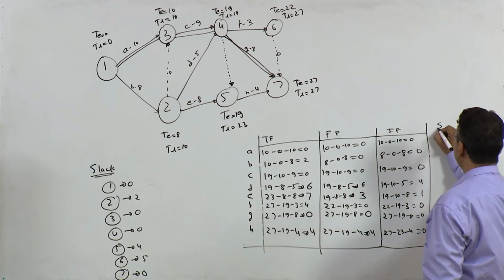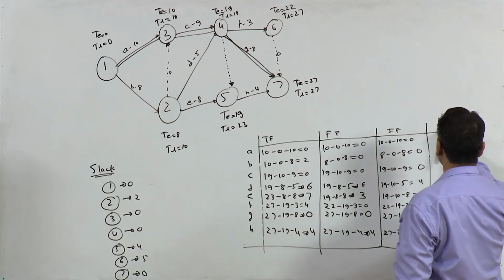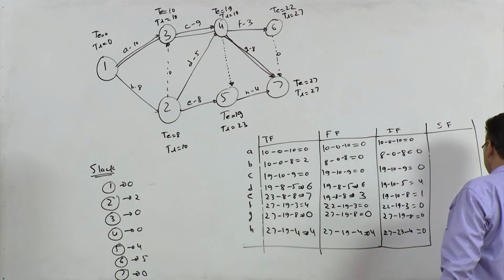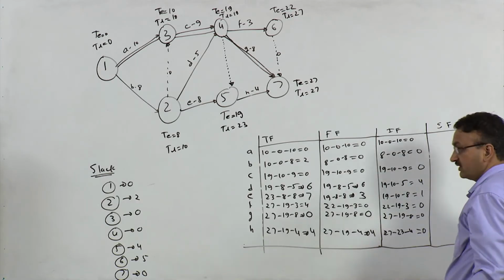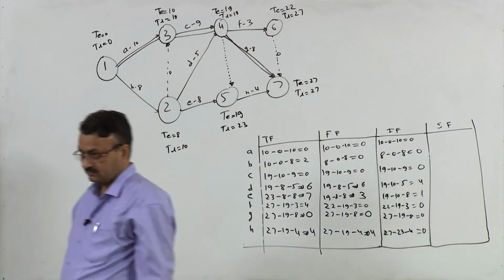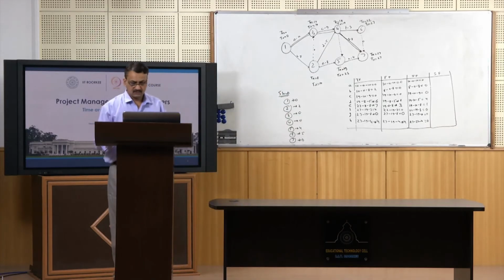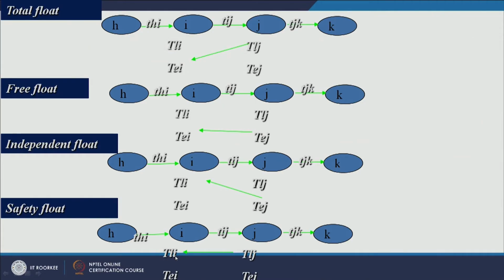Let us calculate safety float. Safety float is what? TLJ minus TLI, right? So we will take only latest times.